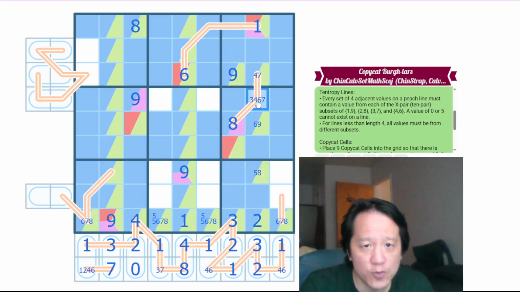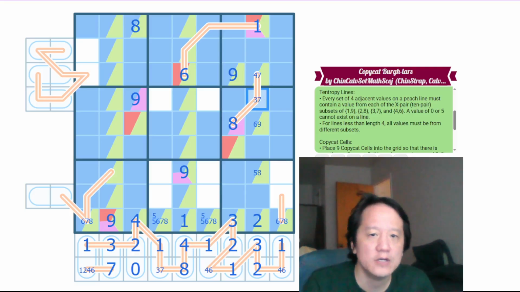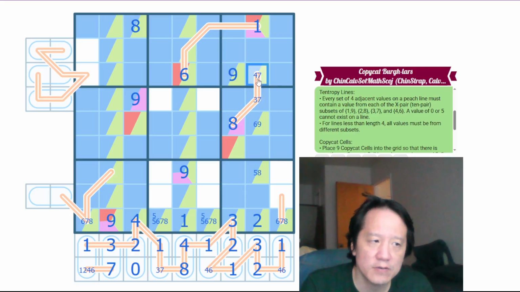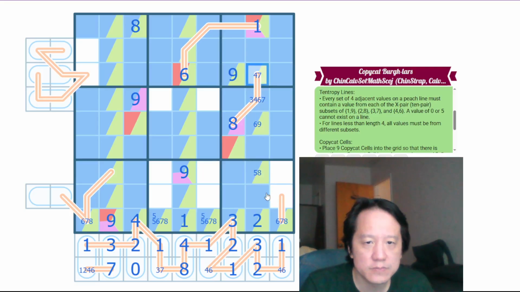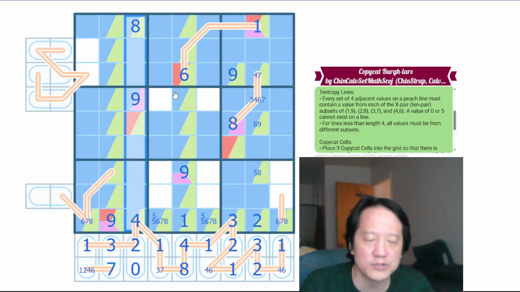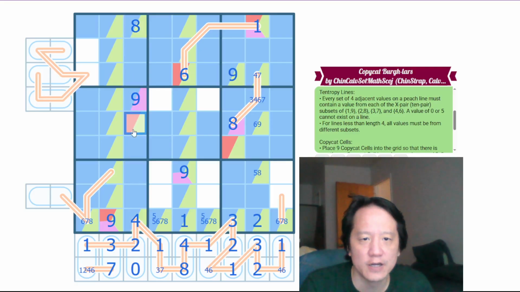So if this is 4, this would be 3 or 7. If this is 7, it could still be 4 or 6. Never mind. Because it could be 5, 9 there, right? Okay. The digits here cannot be 4, 8, and 9.